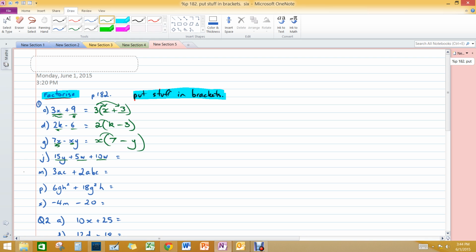So we're not going to have any common letters, but we do have a common factor, which is a number. And in this instance, it's going to be 5. So 5 is common to all 3 terms. So 5 times what is going to give me 15y? Well, 5 times 3 is going to give me 15, and then we need to add a y in there as well.